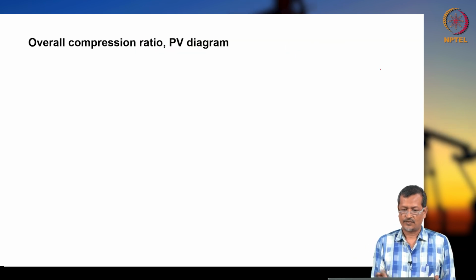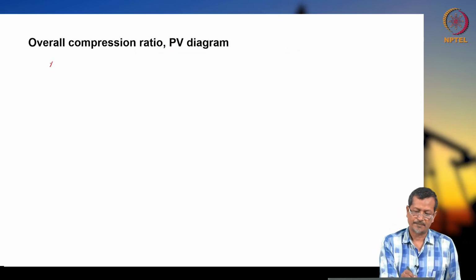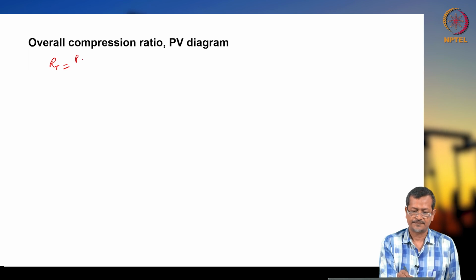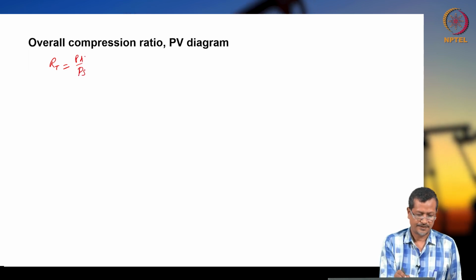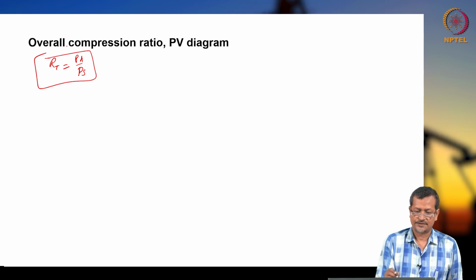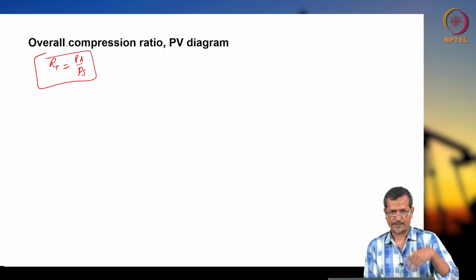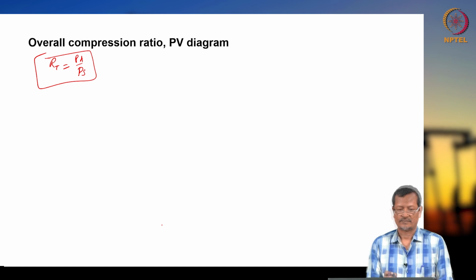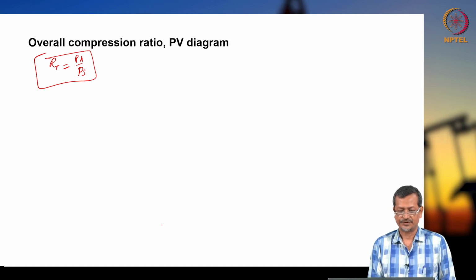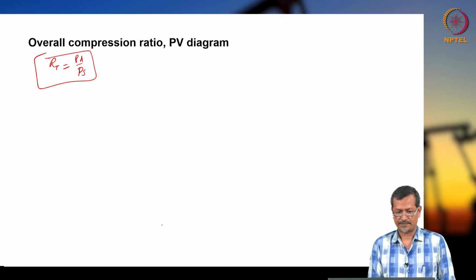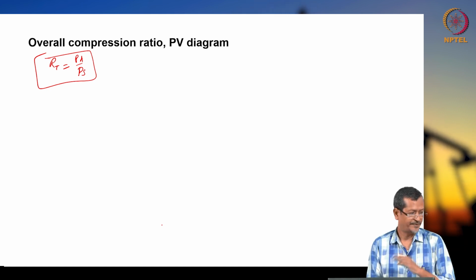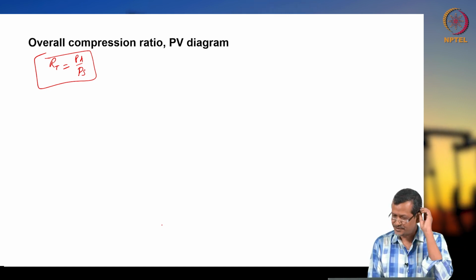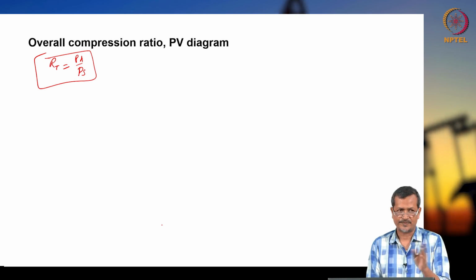Okay, I already told you the overall compression ratio RT equals P delivery by P suction. So delivery pressure is higher than suction pressure. Normally I have already written 5 to 20, within this ratio, but it can be more or less based on your requirement.